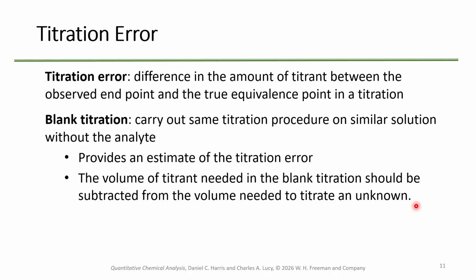Did anybody notice the indicators actually had a little base in them? So what's that going to do to your titration? Yeah, as soon as we add a couple, like 2 to 4 drops of indicator, right? It's as if we added 2 to 4 drops of our base, isn't it?